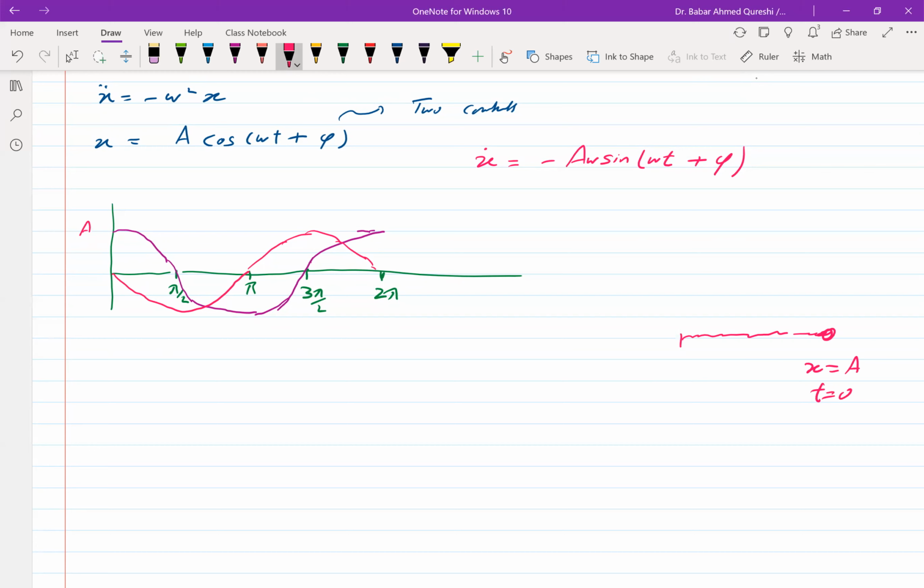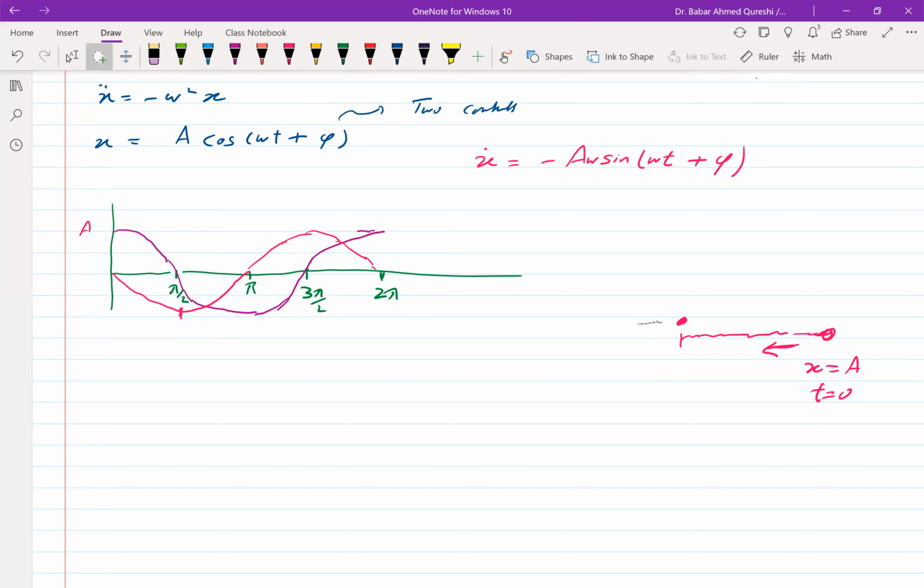So when I release it, now the force is acting on it, and the speed starts with 0, and the speed is directed inwards because it's a negative sign. And by the time it reaches the middle, this ball, the speed has reached its maximum magnitude.